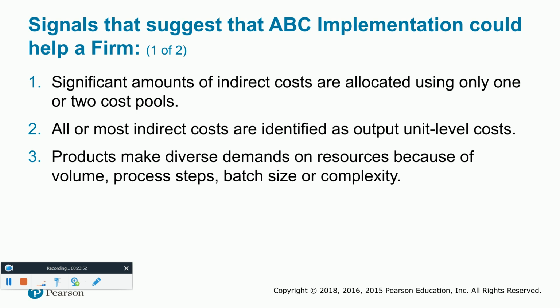All right. We want to make sure that because we have different processes to make the products, there are more diverse demands on resources because of the volume, the process steps. It's more complex now, manufacturing, than it ever was. In the past, when it was more simple, using one cost driver to allocate indirect costs actually worked pretty well.